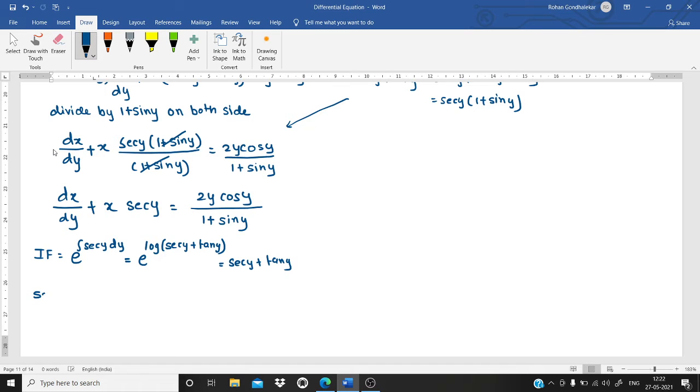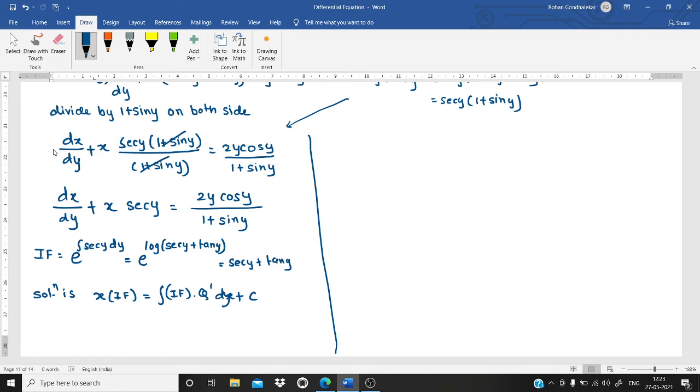Now what is the solution? The solution is the dependent variable, that is x, times the integrating factor, equal to the integral of the integrating factor times Q', that is the right-hand side function, integrated with respect to the independent variable, here y, plus c.